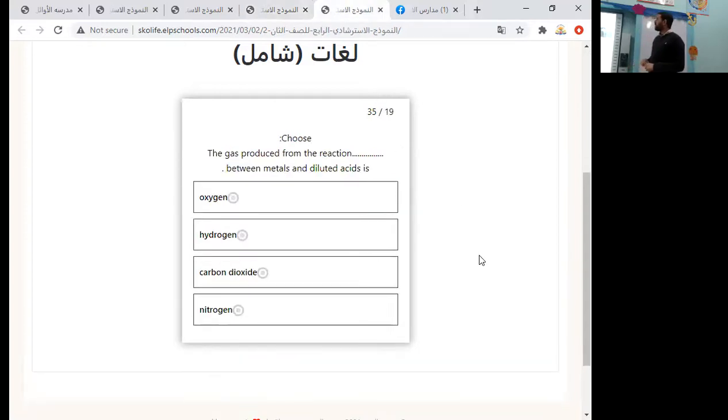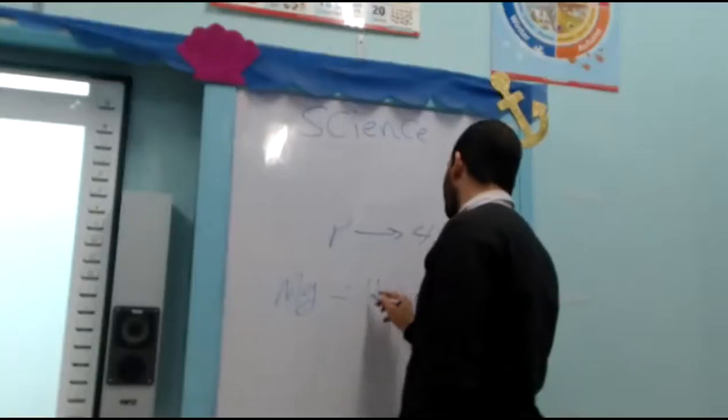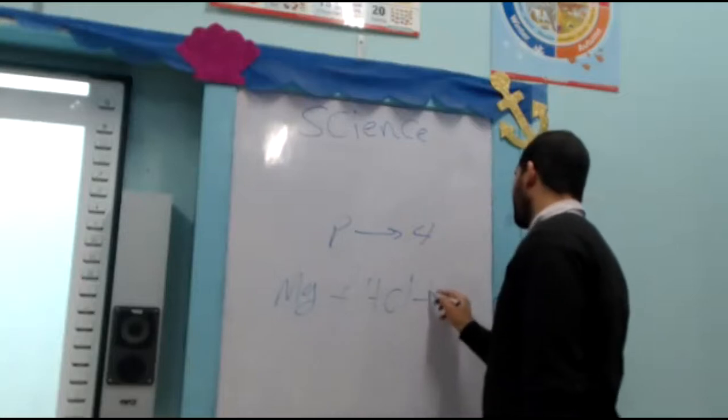The gas produced from the reaction between metals and diluted acids. For example, magnesium is a metal that reacts with diluted hydrochloric acid.